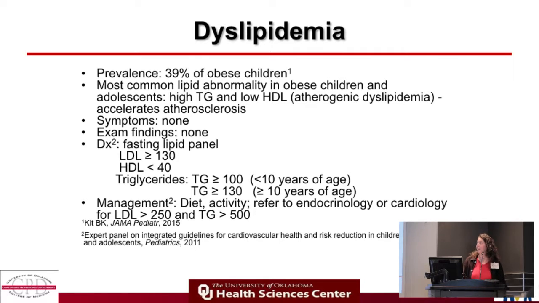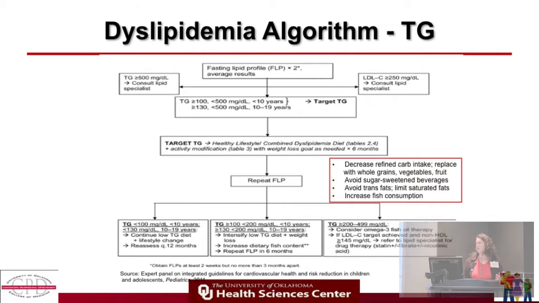They recommend the healthy lifestyle combined dyslipidemia diet, which is what we've talked about. It's decreased refined carbohydrate intake, replacing the simple sugars and all the processed foods with whole grains, vegetables, and fruit, and avoiding sugar-sweetened beverages, avoiding trans fats, limiting saturated fats, and increasing fish consumption, which really goes over well with a lot of the kids.